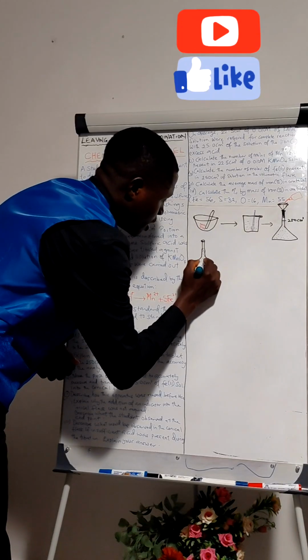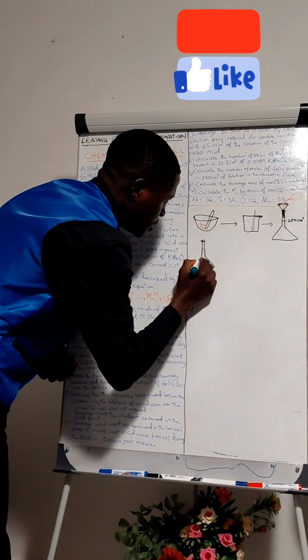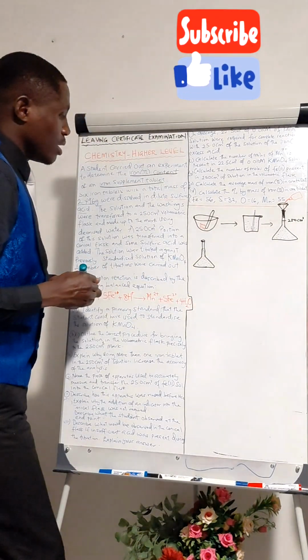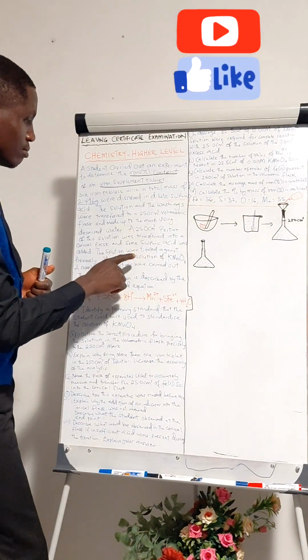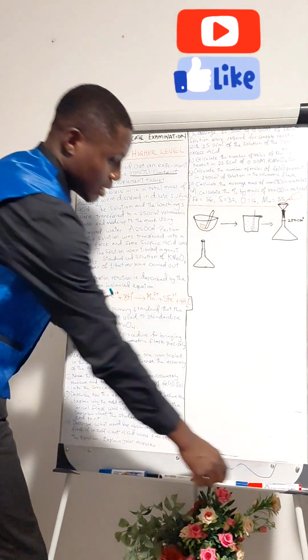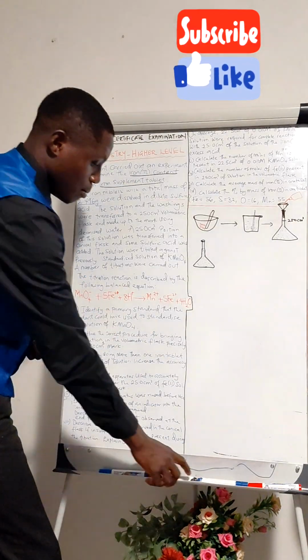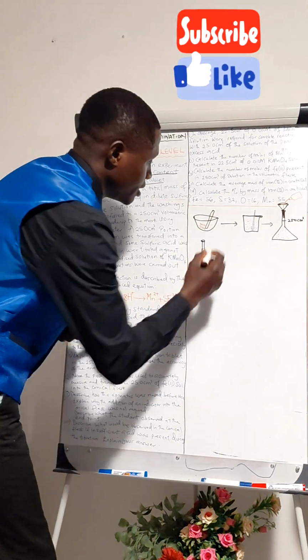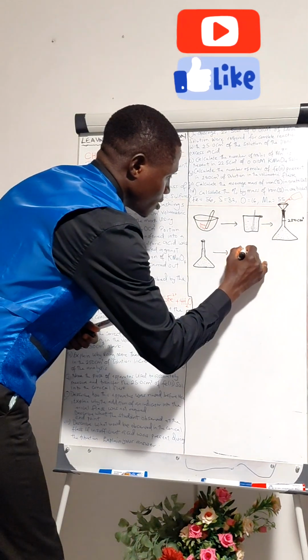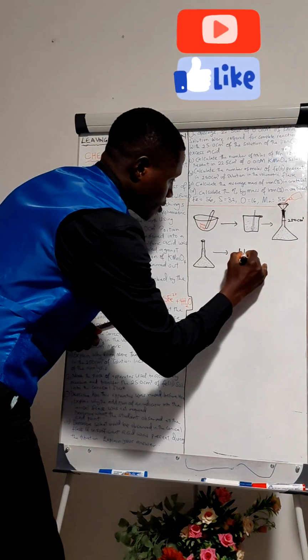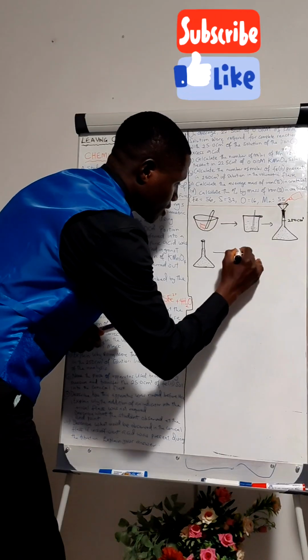Then we are told that out of this, 25 cm³ were pipetted, measured into a conical flask. So the next stage was in a conical flask, which is also known as an Erlenmeyer flask.